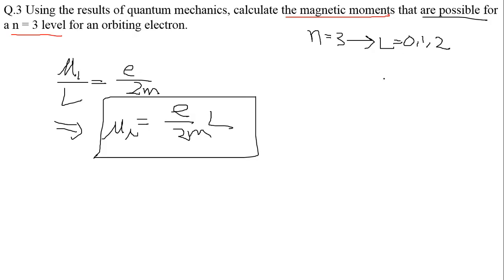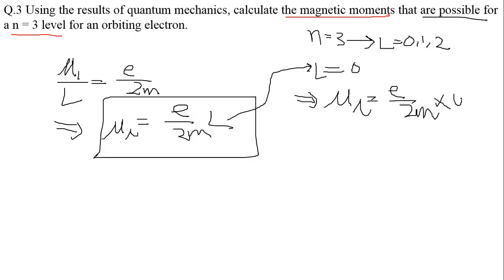So for n equals 3, the orbital quantum number is 0, 1, 2. If we put L equals 0 in this equation, then we get mu L equals e by 2m into 0, which is 0.